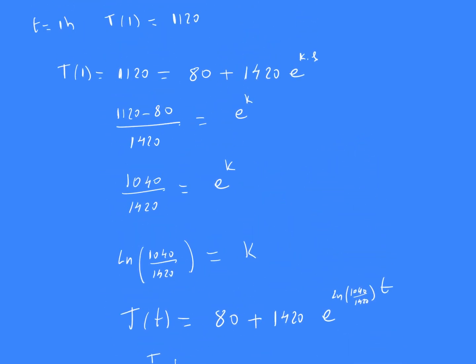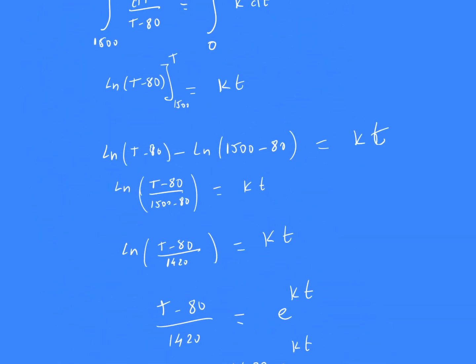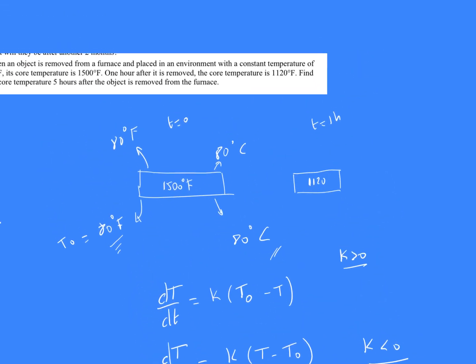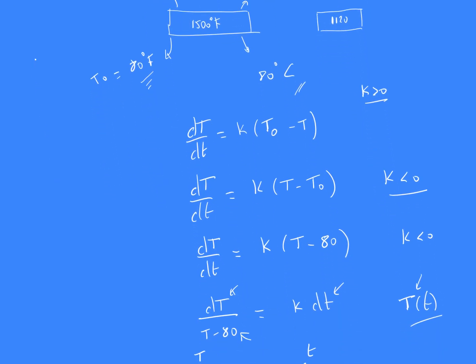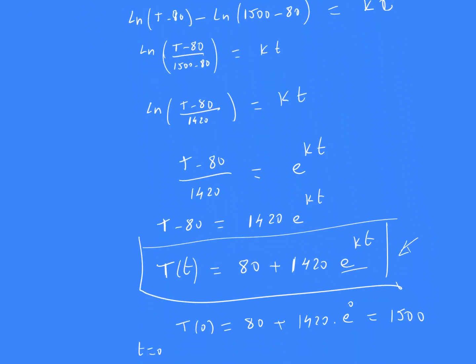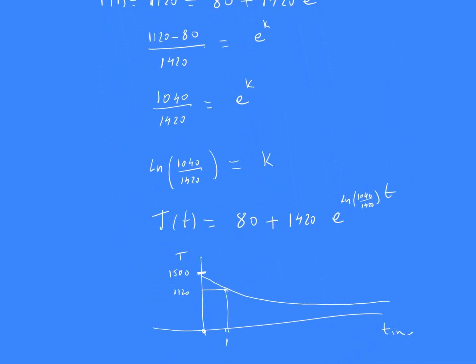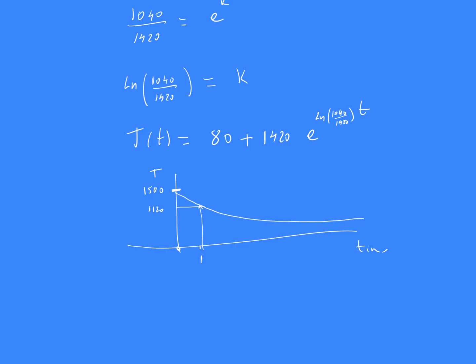Let me read the problem to see if it's asking anything else. Find the core temperature 5 hours after. Okay, so T of 5. So you have this equation now, and let's go find T of 5.